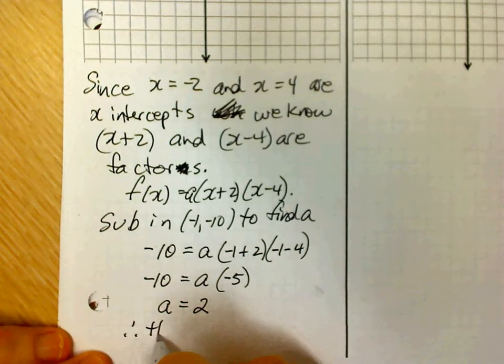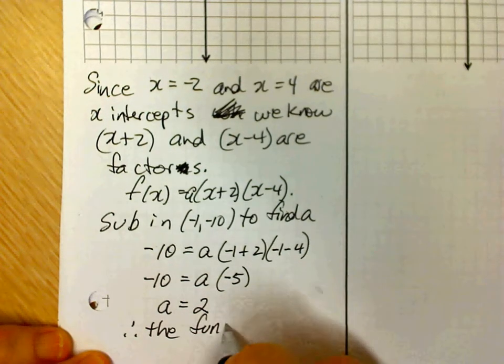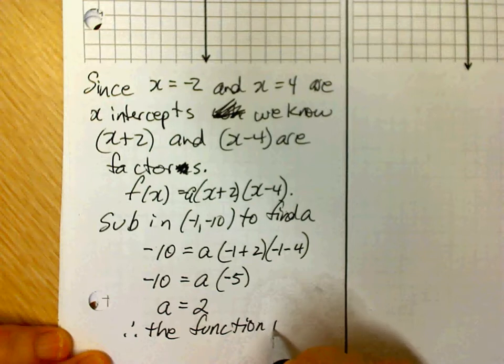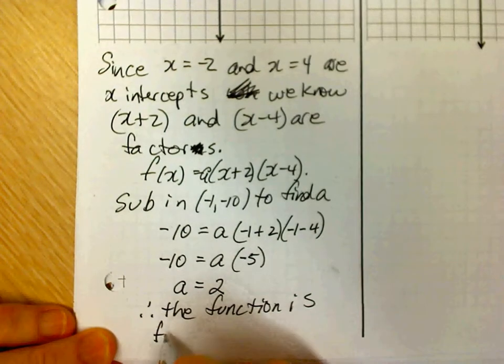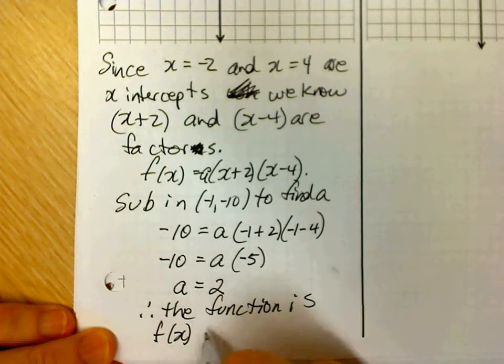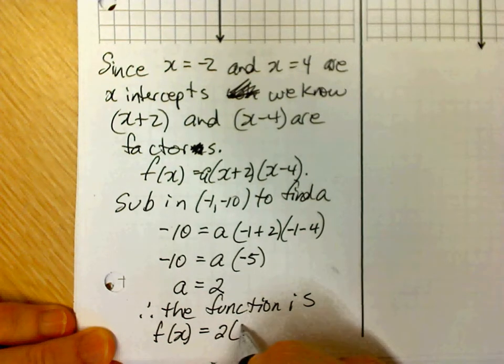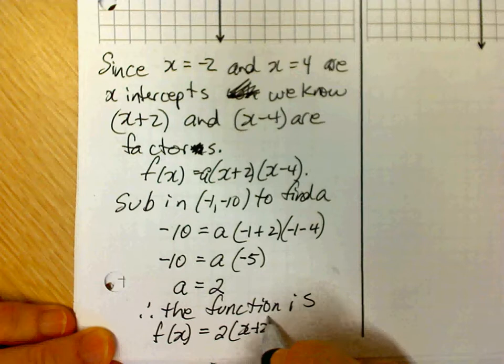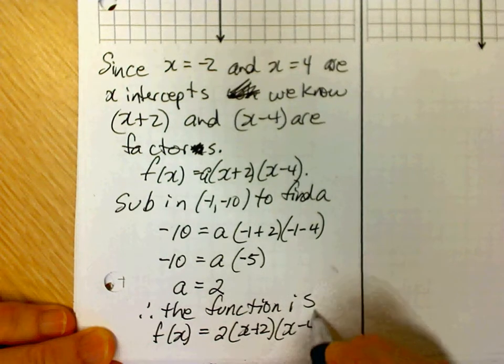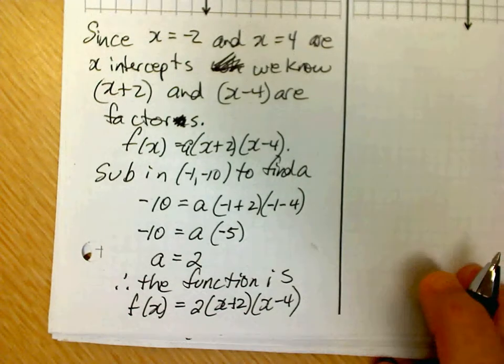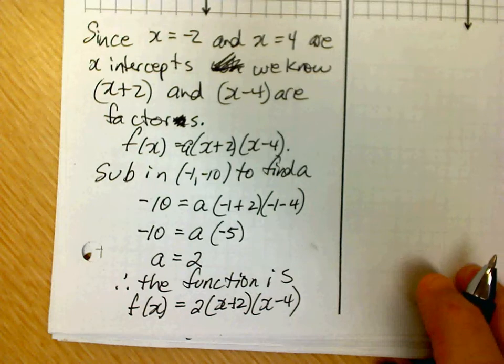Therefore, the function is f(x) equals 2 times (x plus 2)(x minus 4). That's our function. So let's graph it.